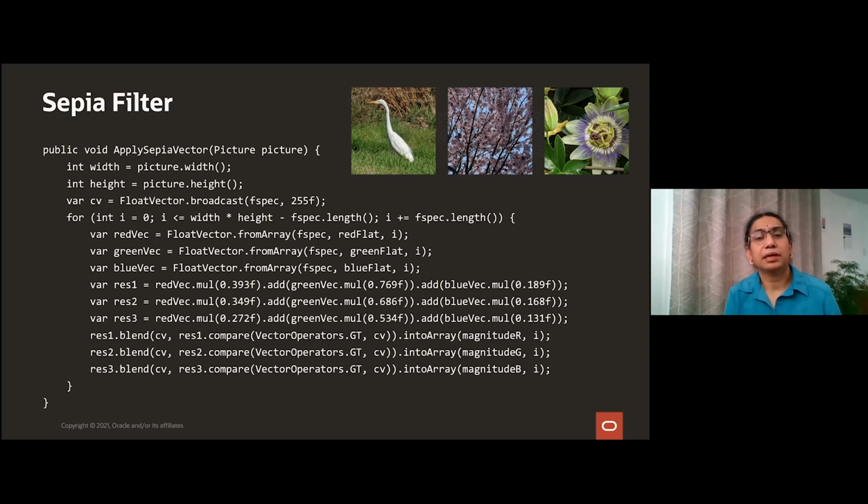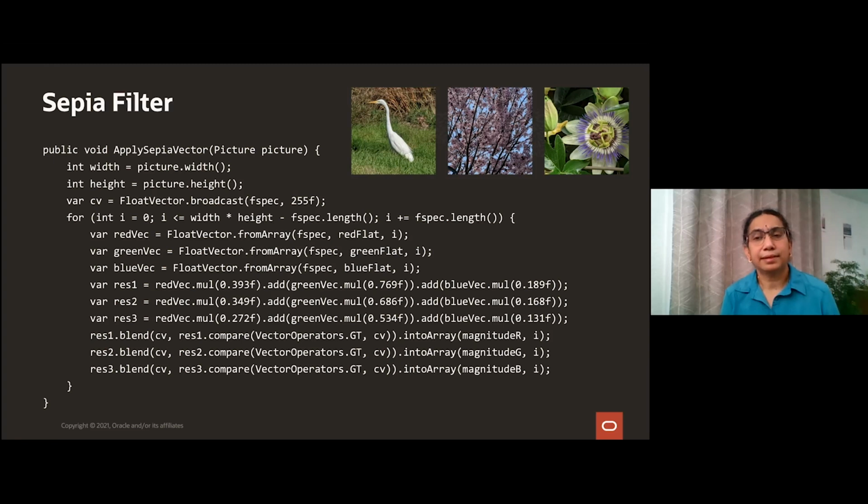The other thing that you can see in this particular example is that we can pass a scalar argument to the vector algorithm. The API automatically broadcasts the scalar argument to a vector and can perform the operation.